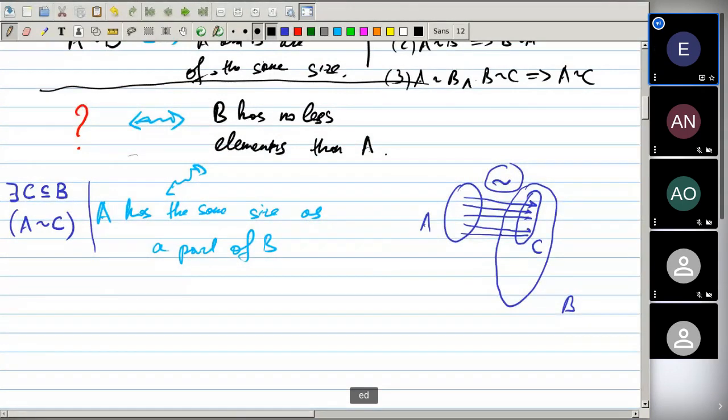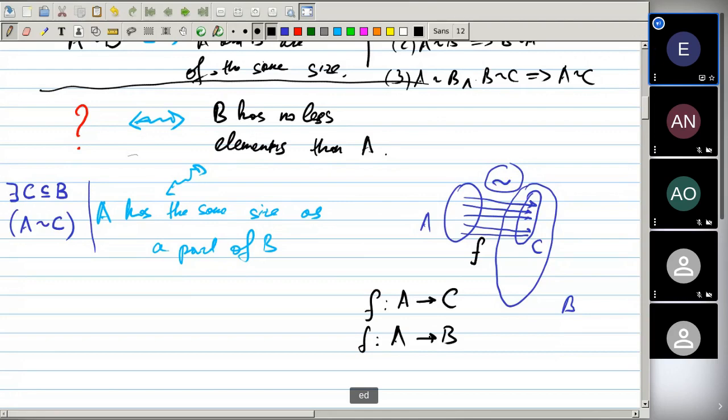But of course, the definition we will give will be equivalent to this one. Okay, please look at this picture. Here we have a function, a bijection between A and some subset C of B. But do you agree that this f, which is a bijection from A to C, is also a function from A to B? Do you agree?